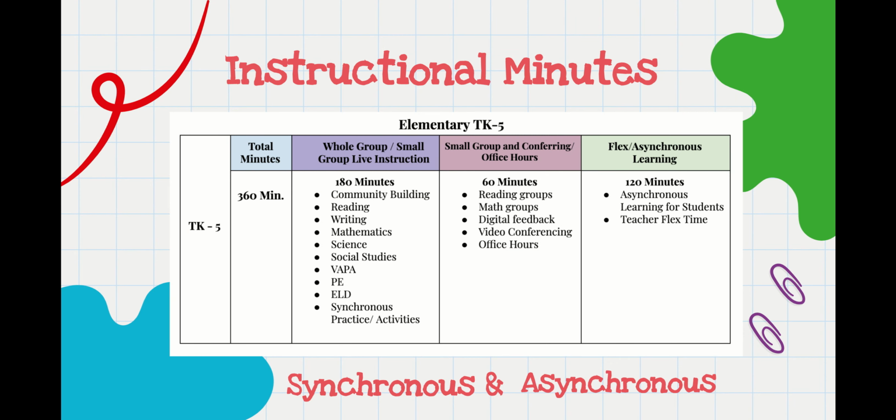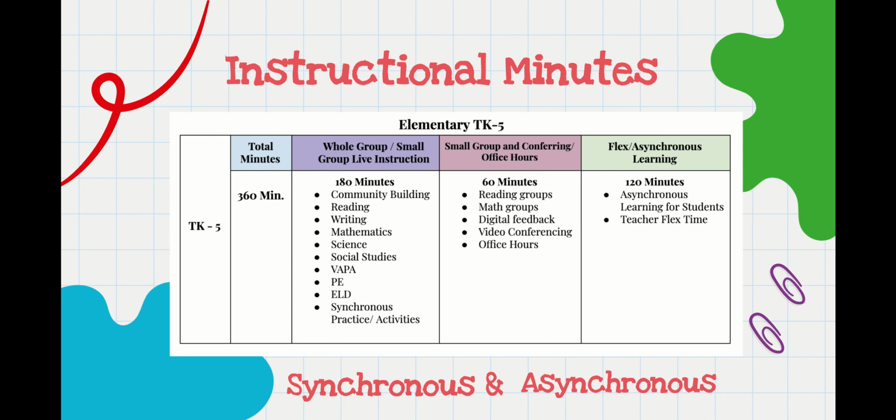An important part of online learning is the distribution of minutes. There will be a total of 360 minutes of learning provided each day. Some of that learning will be synchronous, and some of it will be asynchronous. Synchronous instruction refers to any time when the teacher and student or students are live together online. This could be teaching a whole group, small group instruction, one-on-one conferences, or office hours where a teacher schedules meetings with students and families through Zoom.